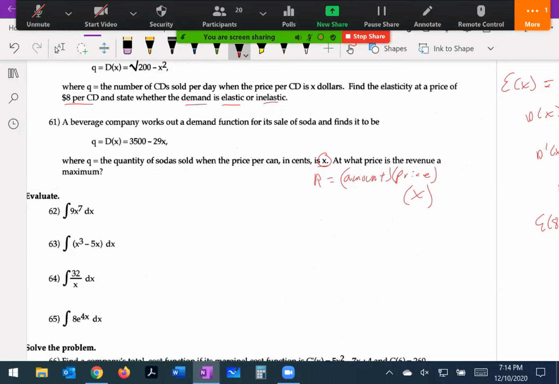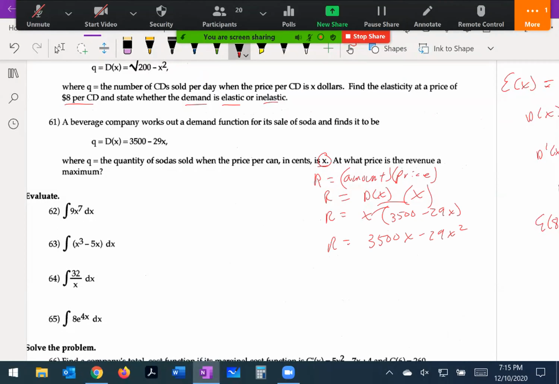Well, that's what's demanded here. That's the d of x. So R is equal to x times d of x. What is d of x? D of x is 3,500 minus 29x. Okay, so I distribute that. So R is equal to 3,500x minus 29x squared.